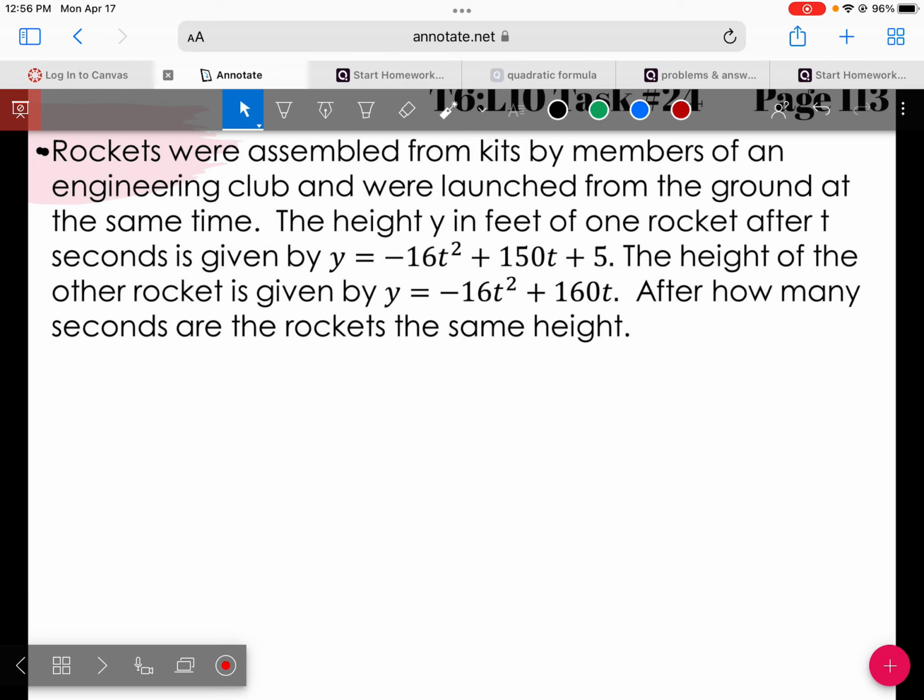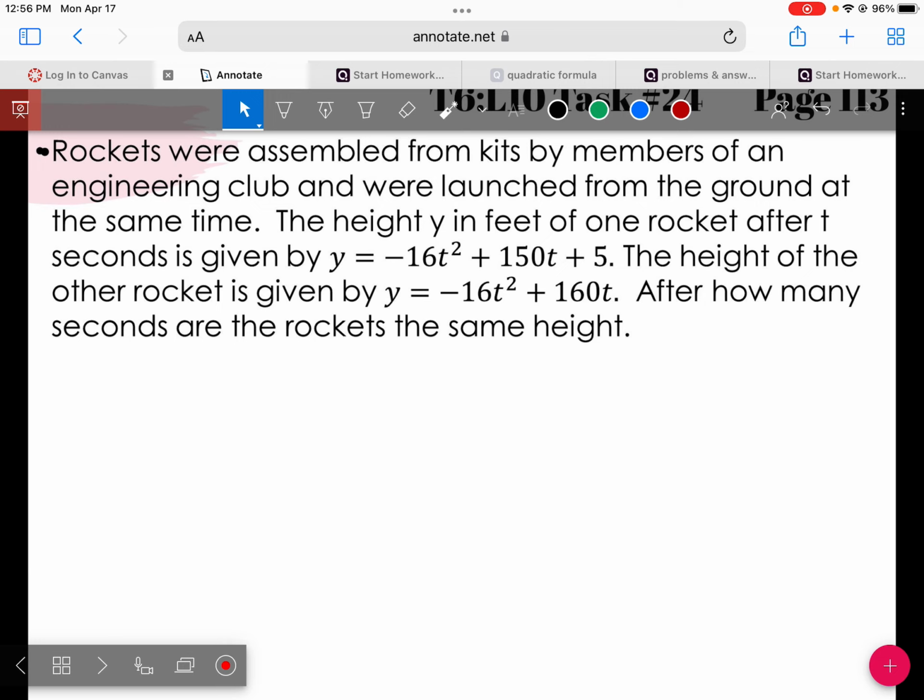And the other variable is Y. And Y represents, say it again. Height in feet, yes. Bless you.